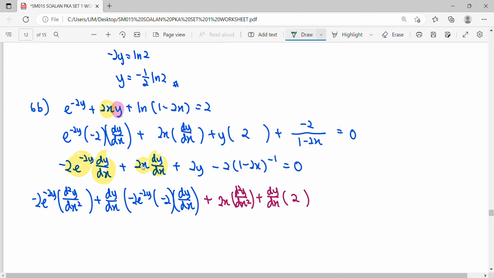Continue with the third term, where we differentiate 2y. 2y will become 2 dy/dx implicitly because of y.